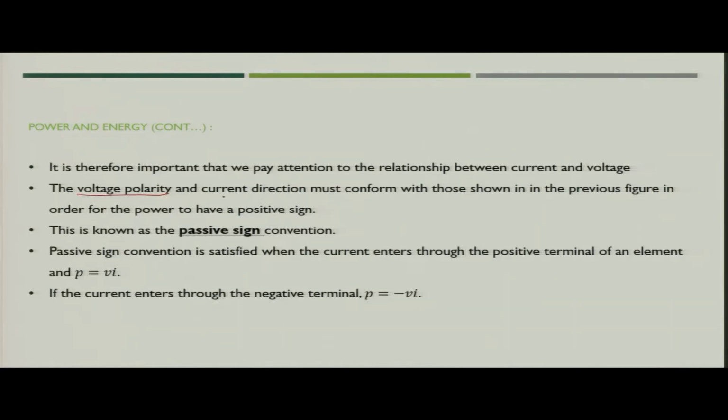Voltage polarity and current direction should conform to those shown in the previous figure. This sign convention is considered as the passive sign convention. It is satisfied when current enters through the positive terminal of any element, the power consumption is positive, and when current enters through the negative terminal, then power P is negative of Vi, that means power is being supplied by the element.